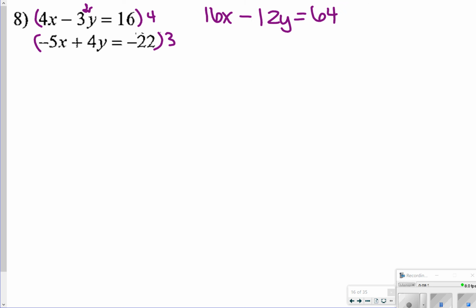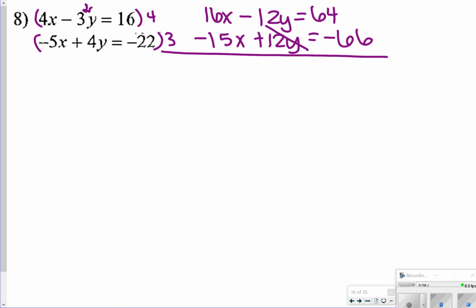And then the bottom one will be negative 15x plus 12y is equal to negative 66. Now I can eliminate my y's, so I have x, because 16x minus 15x is just x, is equal to negative 2. And that's easy to plug in.